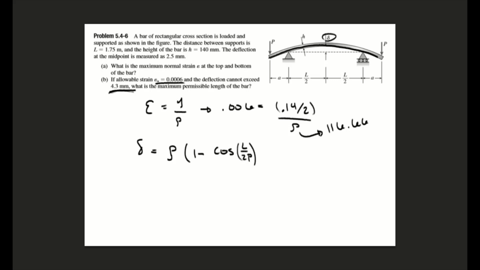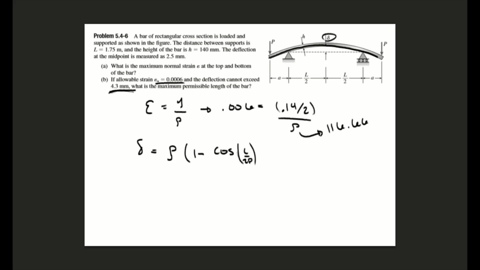But continuing, so now you have this, and you're solving, I guess in this equation, we are going to keep it as L over 2 rho, but we're just going to leave it like that for now.